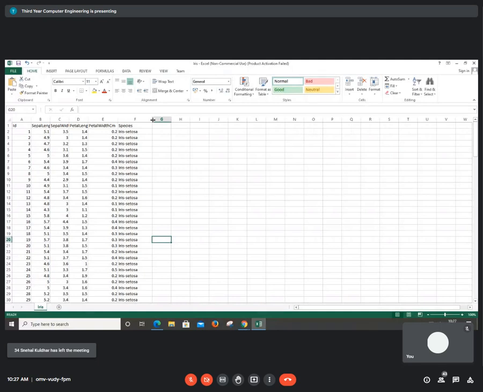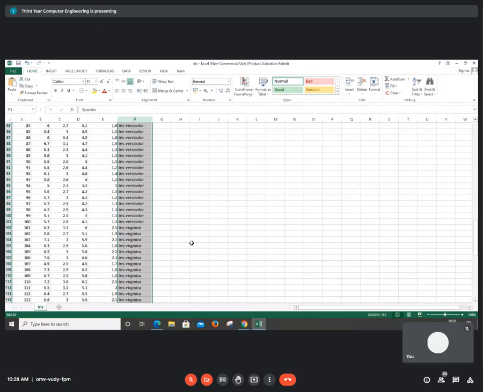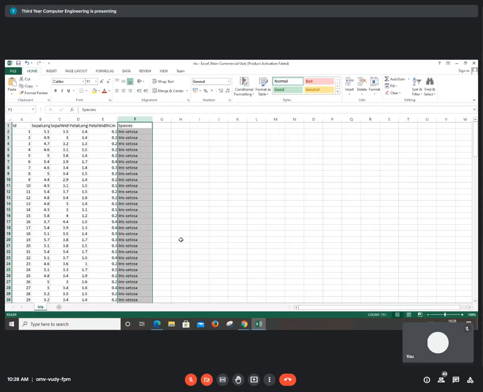By looking at this file, can we categorize this species, like iris setosa, iris versicolor, and iris virginica? Three different categories of species are there, but it is character type data. So we need to either convert this data into numerical format and then classify. This character kind of data we cannot classify.